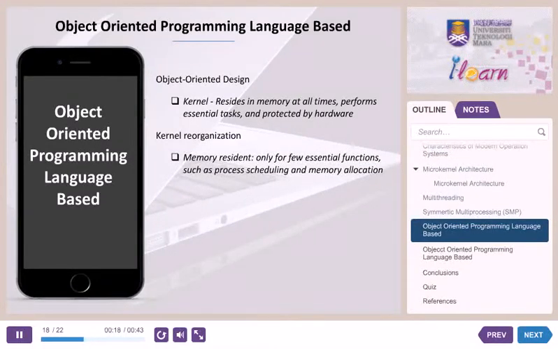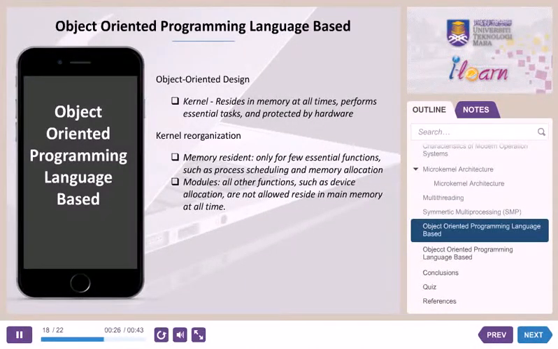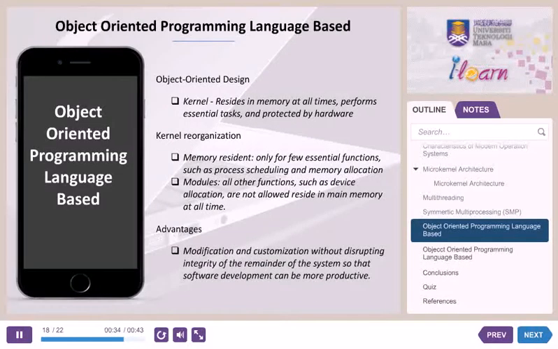Memory resident only for a few essential functions, such as process scheduling and memory allocation. Modules: all other functions, such as device allocation, are not allowed to reside in main memory at all times. Advantages: modification and customization without disrupting the integrity of the remainder of the system, so that software development can be more productive.